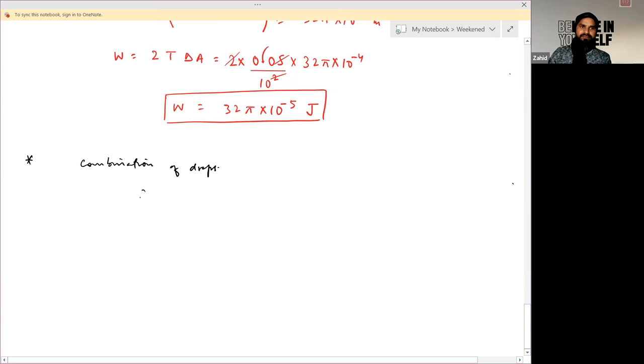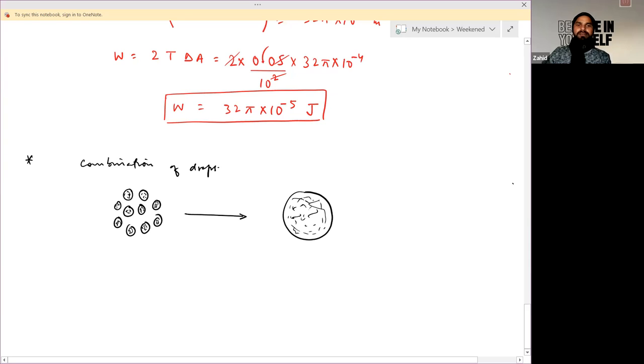Suppose you have n number of drops like this, each having a radius small r. On combining, it will form a single large drop like this.